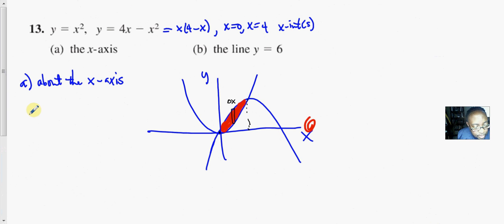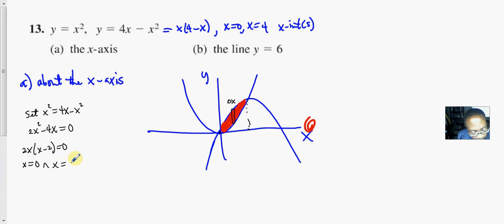So we set x squared equal to 4x minus x squared. And so this gives us 2x squared minus 4x equals 0. Factor out 2x. We have left x minus 2 equal to 0. So we get x equal to 0 and x equal to 2, or the points of intersection. And in particular, that gives us the limits for integration.